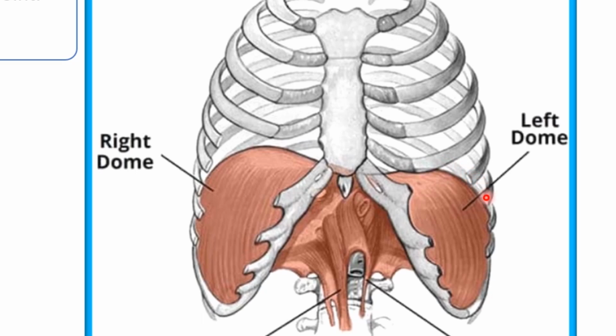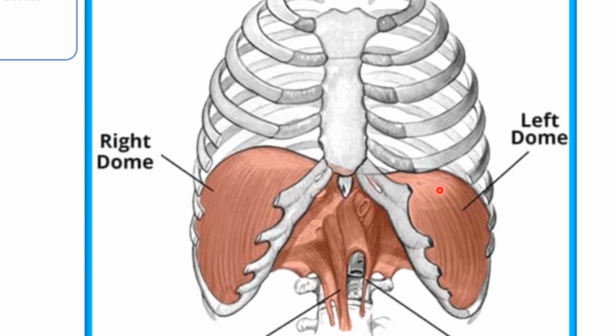Now the upper part of these curvatures, for the right, we'll be seeing at the upper border of the fifth rib, while the left dome, its upper part will be seen at the lower border of the fifth rib.